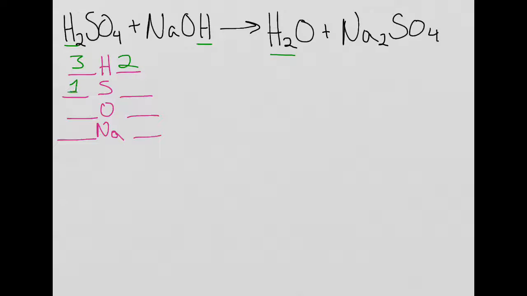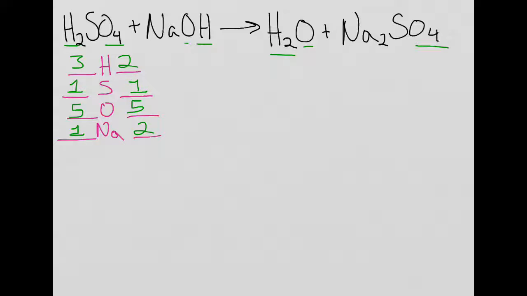I see 1 sulfur on the left and 1 sulfur on the right. That's fine. I see 5 oxygen on the left, 4 here and 1 here. And I see 5 oxygen on the right. Same idea, 1 here and 4 here. And sodiums, I see 1 sodium on the left and 2 sodiums on the right.